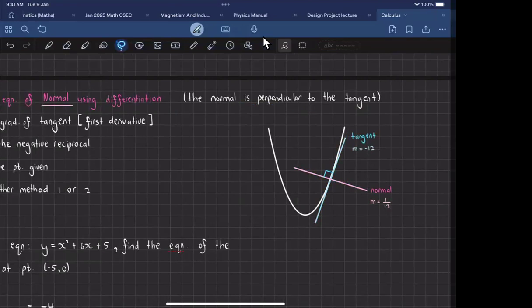If two lines are perpendicular, then how are the gradients related to each other?